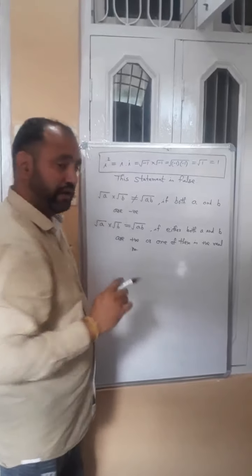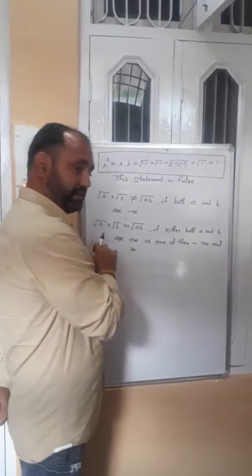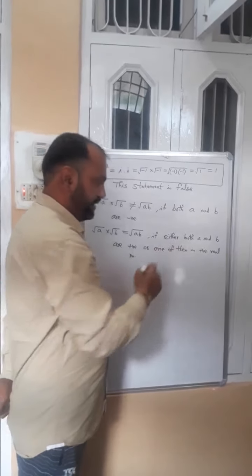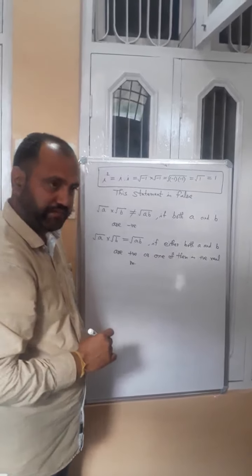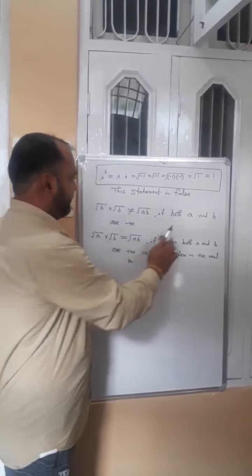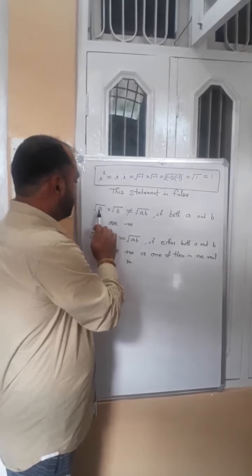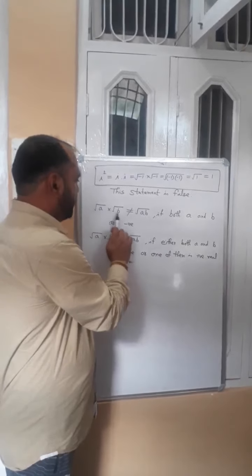So you have to remember this result, that square root of a into square root of b is equal to square root of ab if either both a and b are positive, or one of them is a positive real number. Otherwise, if both a and b are negative real numbers, then they cannot be multiplied to get root ab.